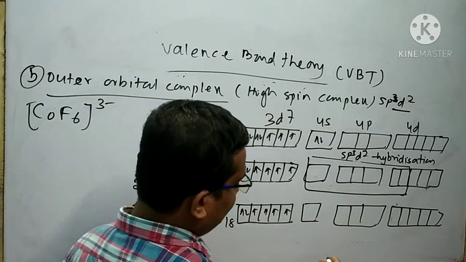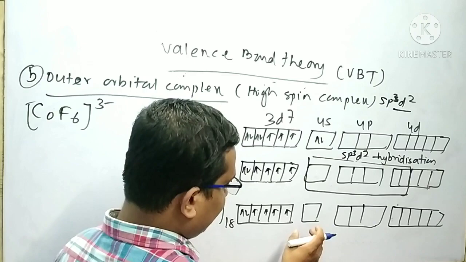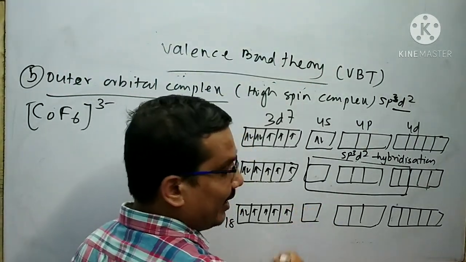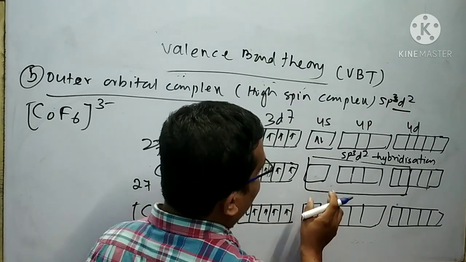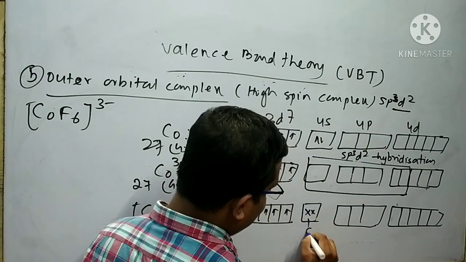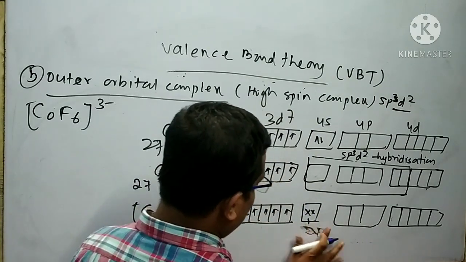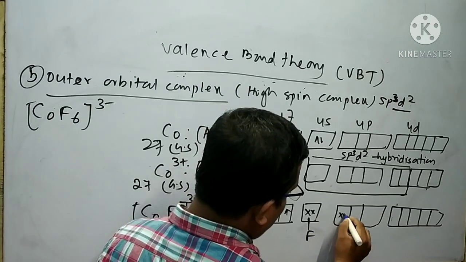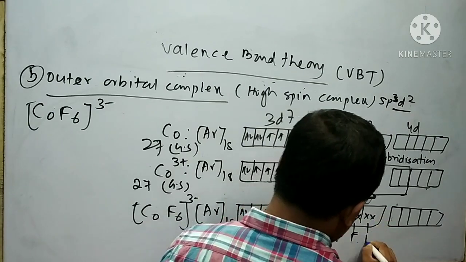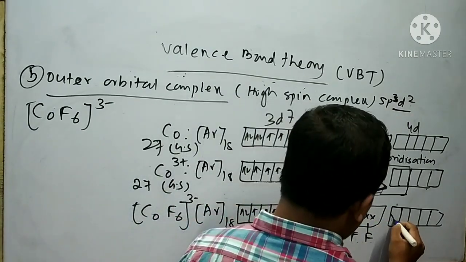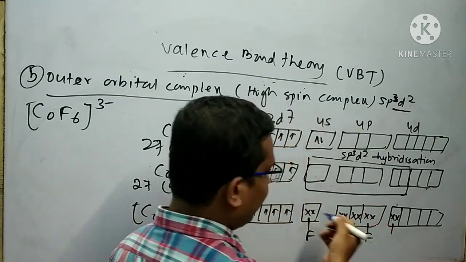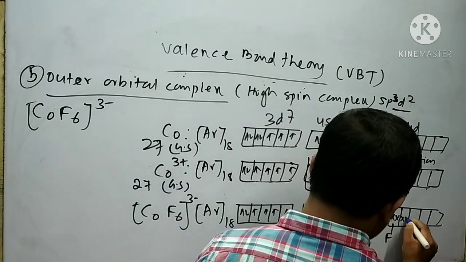Now I can overlap the filled ligand orbital with the empty hybrid sp3d2 orbitals. So I can write like this. These are the electrons of fluorine. I can coordinate 6 F atoms or ions with the central metal atom like this.